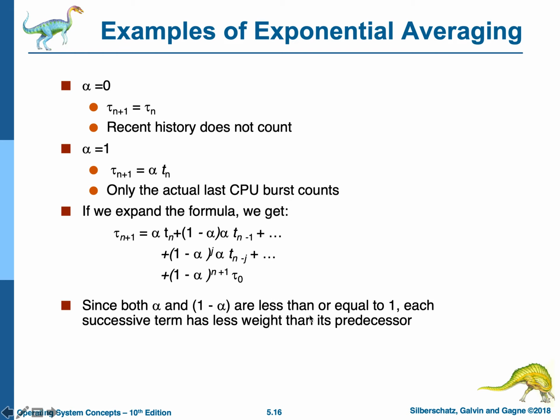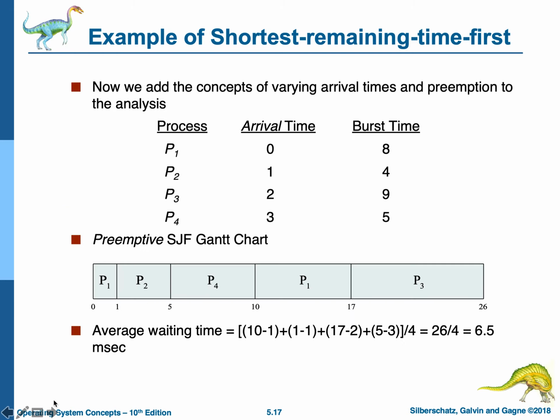So here's some example. You can see these examples. Now here we'll see another variation of shortest job first, which is shortest remaining time first. It involves the arrival time.